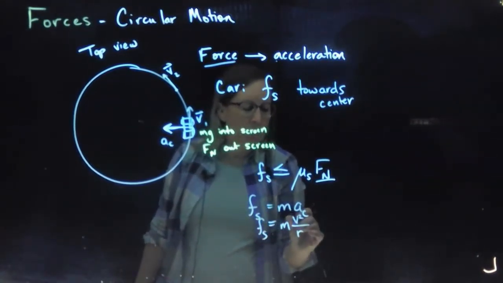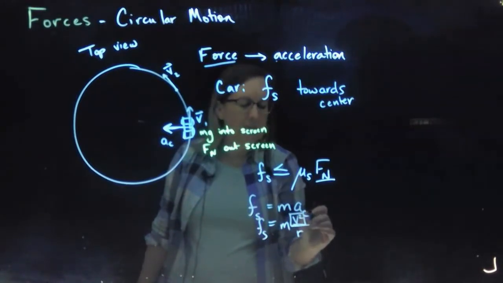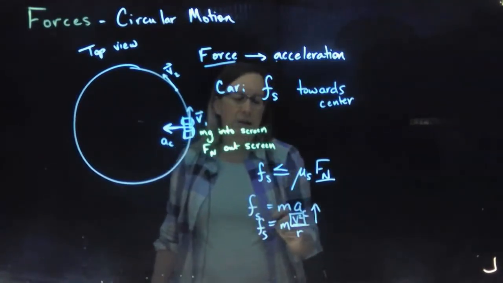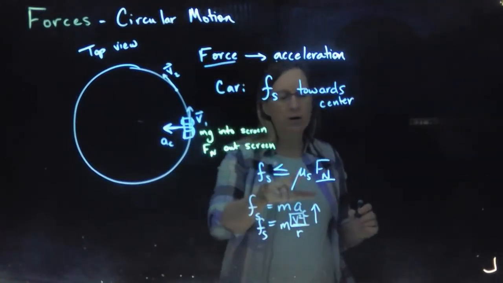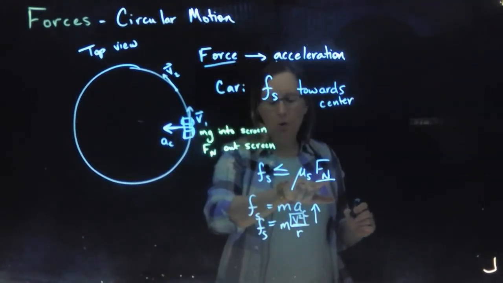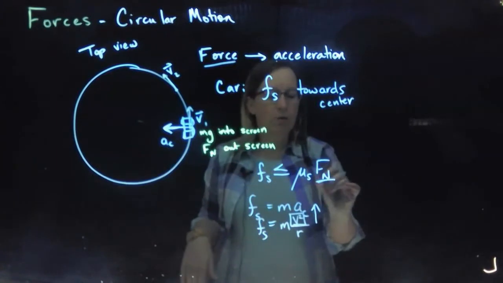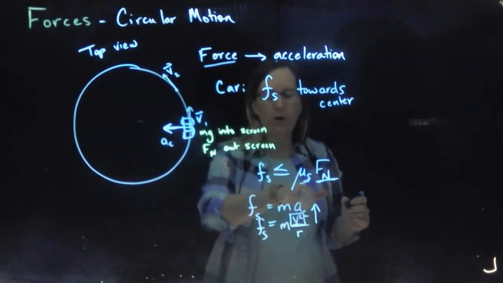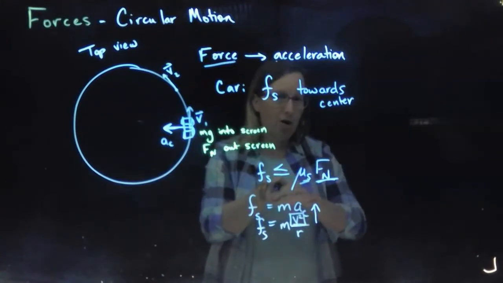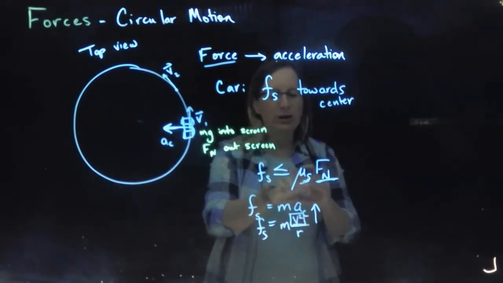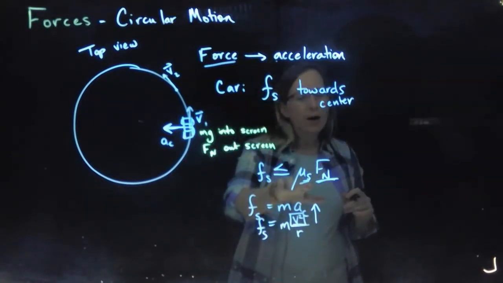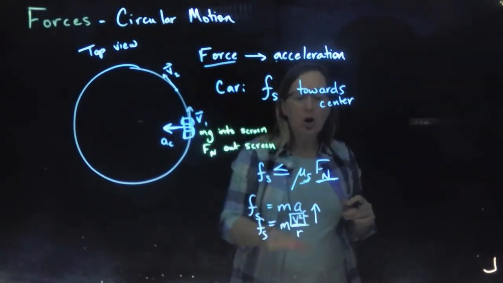So as our v gets bigger, as that increases, then our friction force needs to increase. And if we ask for it to be bigger than we have, right, our normal force is given. This can depend on the surface of the road. If it's a wet road, then water on asphalt has a different coefficient of friction than dry asphalt. If we have water on the road, then this is a low number.